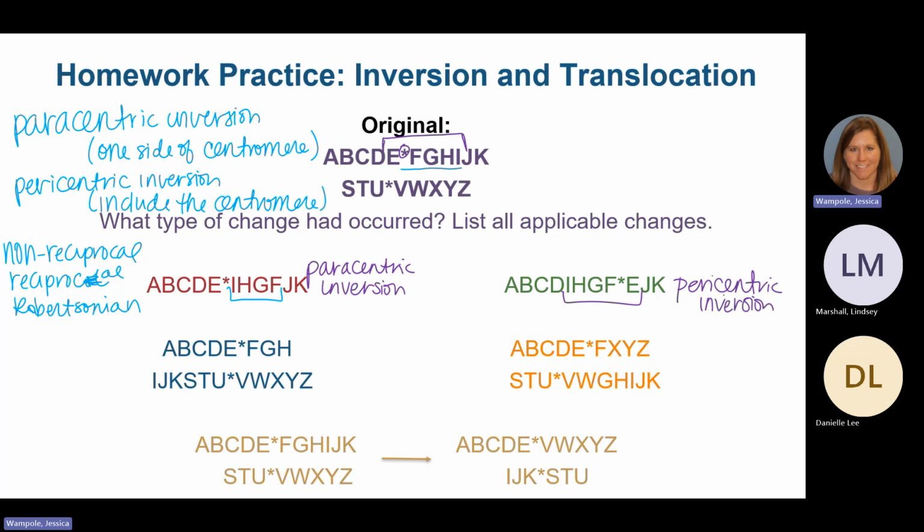All right. So the ones on the bottom, this is including 2 chromosomes. So this is probably going to be a translocation. So this is across 2 non-homologous chromosomes. All right, so we're looking for reciprocal, non-reciprocal, or Robertsonian. For that first one, what does it look like to you?